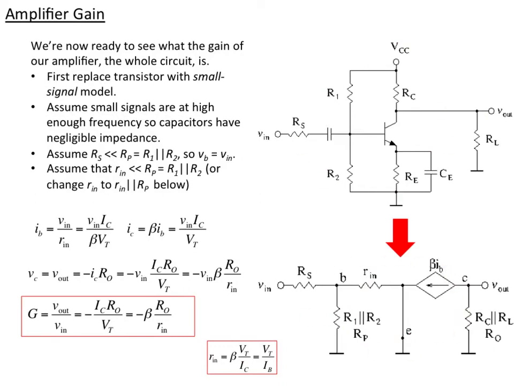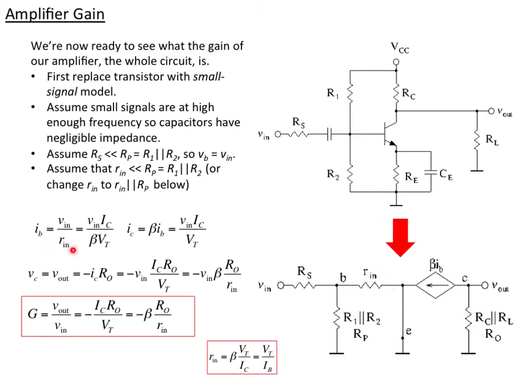So now we can find the gain. We're going to assume in this calculation that RS is small, and that the input resistance is much smaller than R sub P. So in that case, the current that flows into the base, which means not flowing down this way, but flowing into the base, is V sub B, which is V sub n over R sub n, because that's connecting it to ground, so it's easy to see.